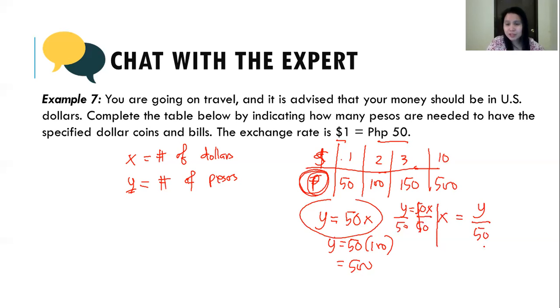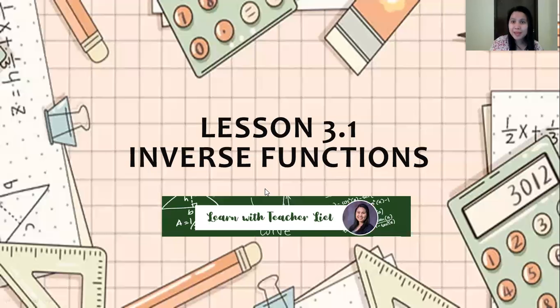So the inverse function is x equals y over 50. Or if you want to write it as an inverse function, it's going to be y to the -1 is equal to x over 50. But this time, your x will no longer be the dollars, but the peso, since you will interchange the two of them. Any other questions before we end today's lesson?